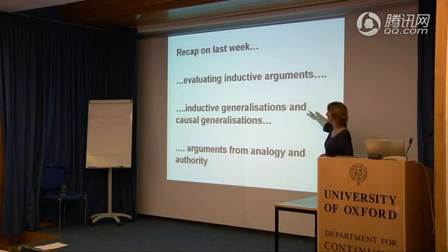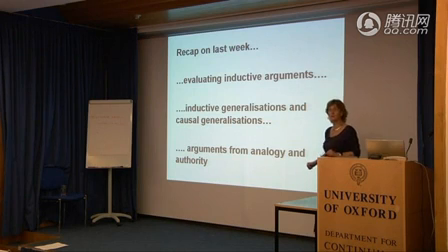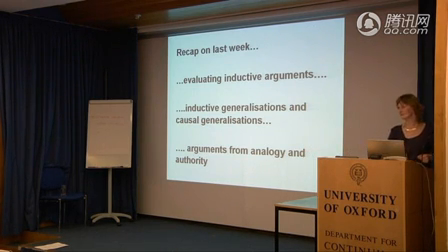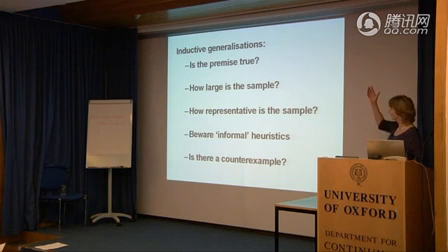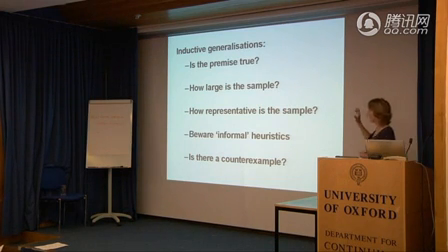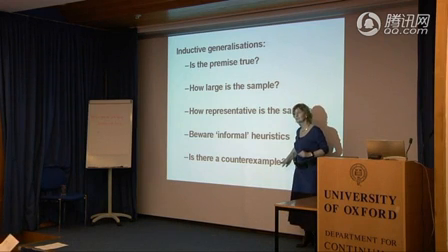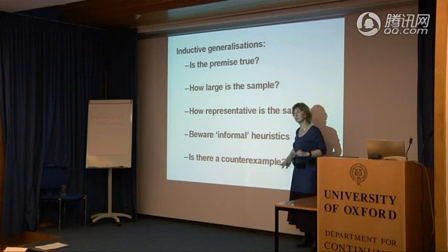Okay, so we looked at inductive generalizations and causal generalizations, arguments from analogy and arguments from authority, all different types of inductive arguments. And if you remember, we looked at these things. Now, I realized at the end of last week that I hadn't added that one on. So you might want to go back to the handouts that you had from last week and just note that this week's handouts will have that one on as well.